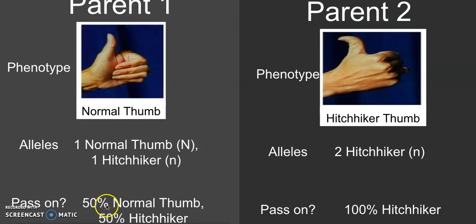And so they're 50% likely to pass on a normal thumb allele and 50% hitchhiker, because it's random. Their kids can get either one of these. And parent two is the same, so they're 100% likely to pass on a hitchhiker allele.